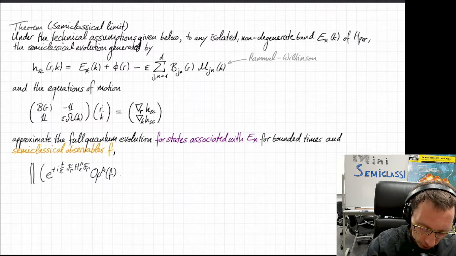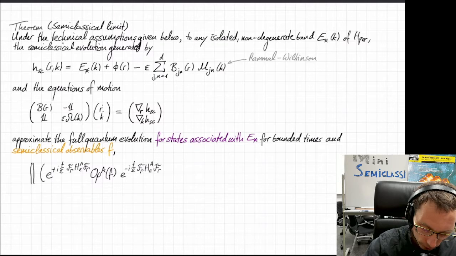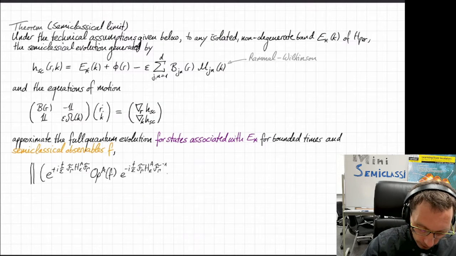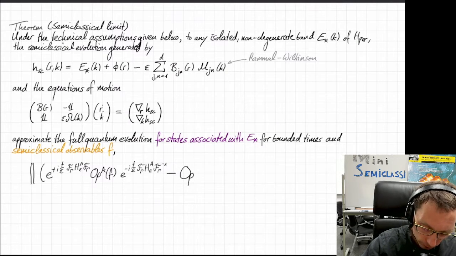So what I'm writing out here is what we call the quantum mechanically evolved observable. I just wanted to make it a little bit more explicit. And I'm comparing this with the quantization, the magnetic quantization of the semi-classically evolved observable F.